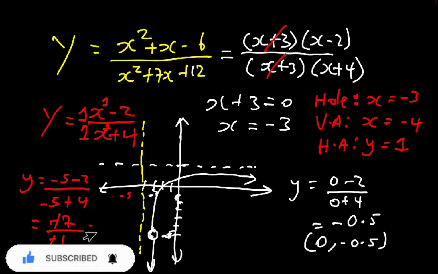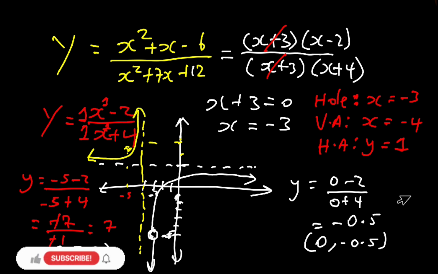So we have that y is equal to 7. And the coordinates are (-5, 7). So if you plot this, you have -5 here, and then 7 should be way up here. So this is how this graph will look.